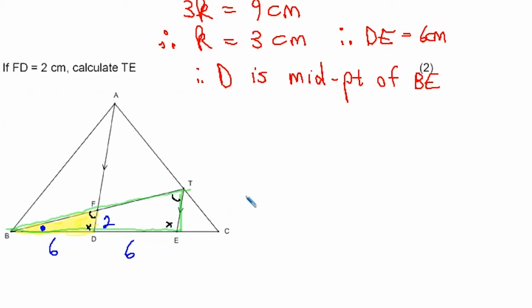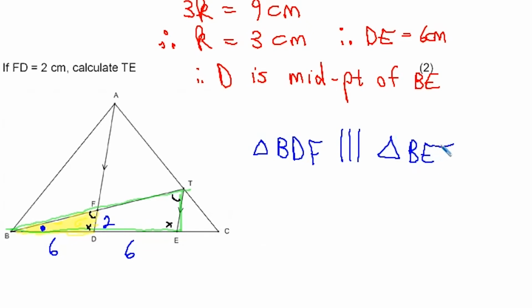Let's write them down in terms of the order in which they're similar. Triangle BDF is similar to triangle BET, and the reason for that is angle, angle, angle, 3 angles.